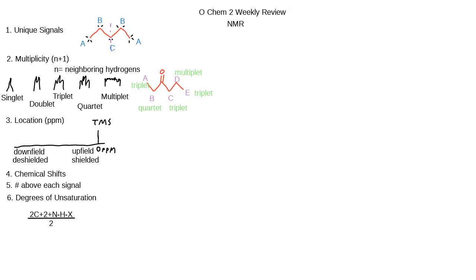And degrees of unsaturation, this is the first thing that you should always do whenever you get an NMR problem, because it gives you a lot of information. And this can be very valuable in identifying your structure. And this formula is used whenever they give you the chemical formula.